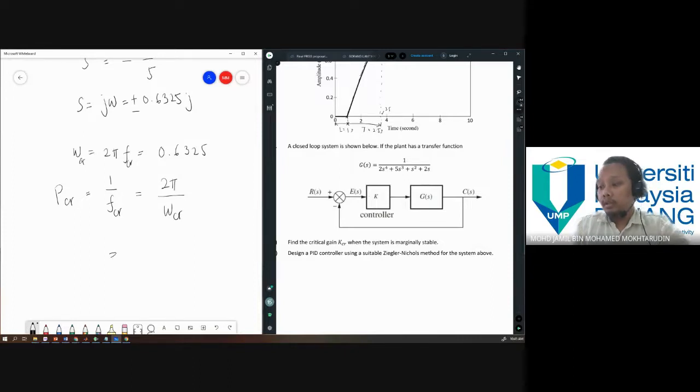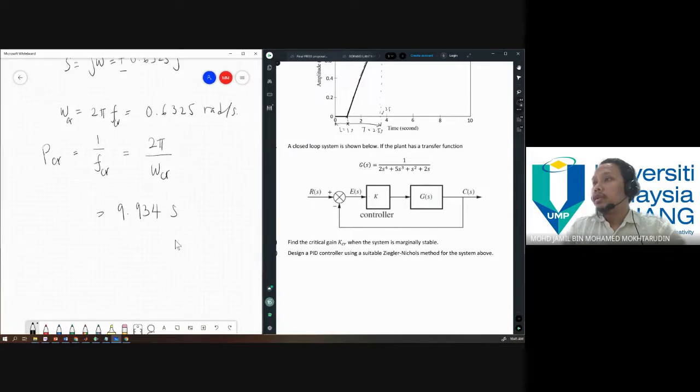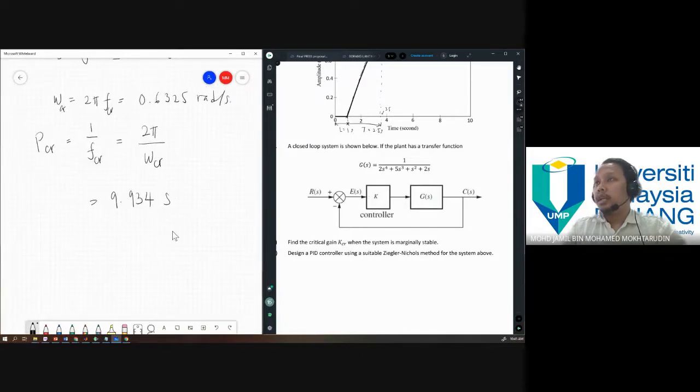So substitute this value. So you get a period of about 9.934 seconds. So we get PCR and KCR.